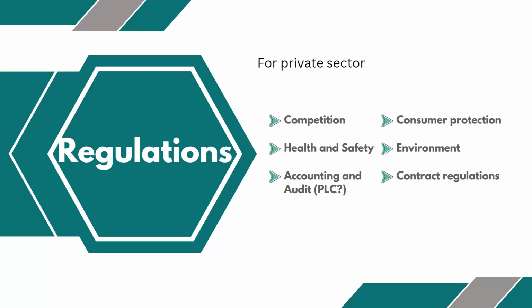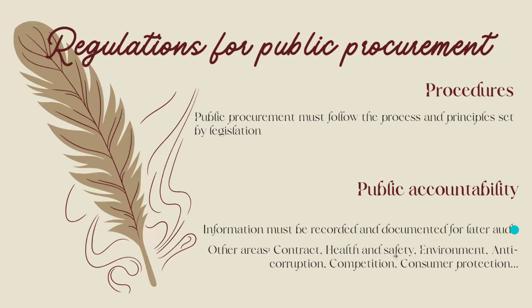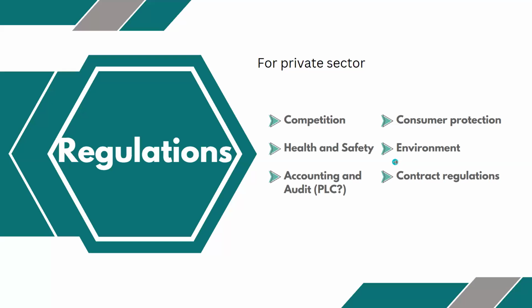Similarly, when it comes to regulations or legislation in the private sector, you may have some ideas in mind, like the things I have at the bottom here: contract, anti-corruption, competition, consumer protection. With the private sector, we need to remove the regulations on procedure and on public accountability, because that is not the responsibility of the private sector.